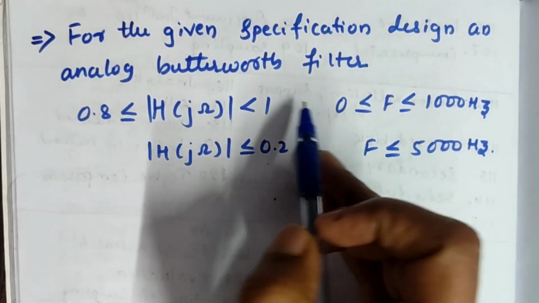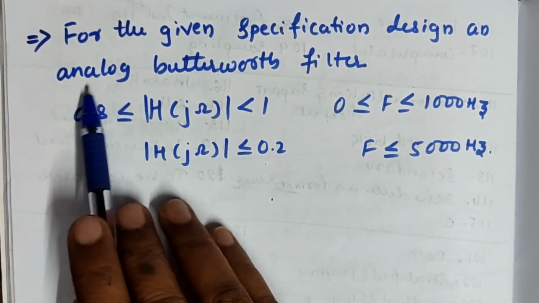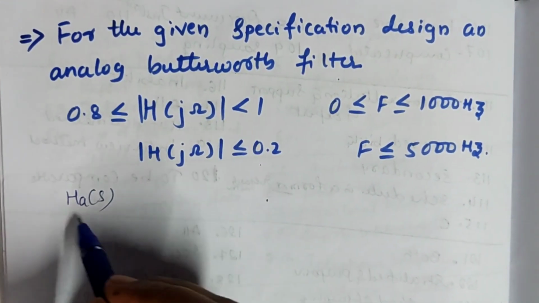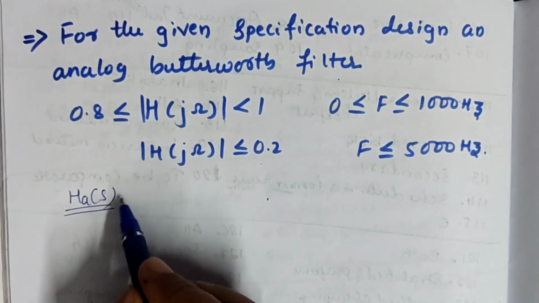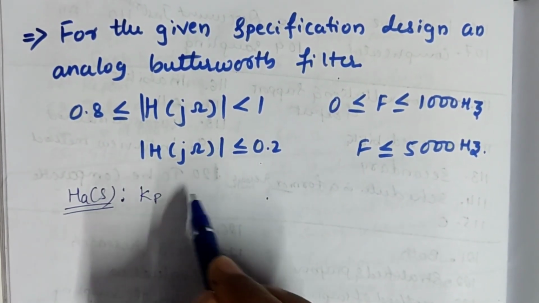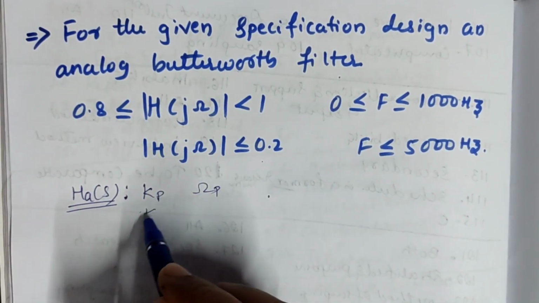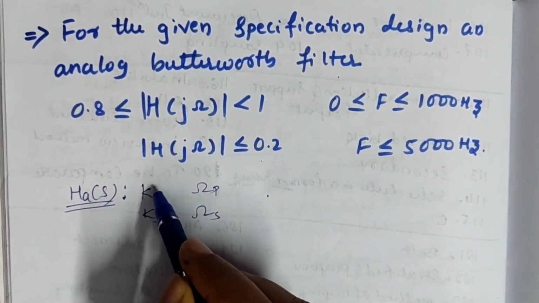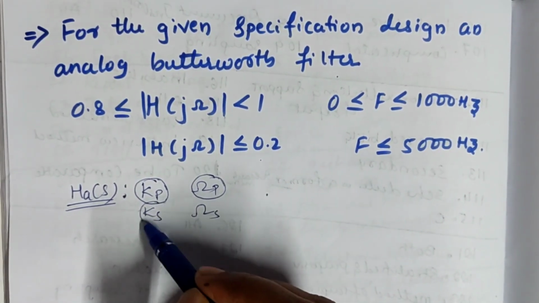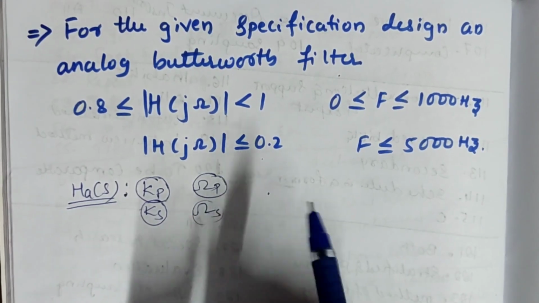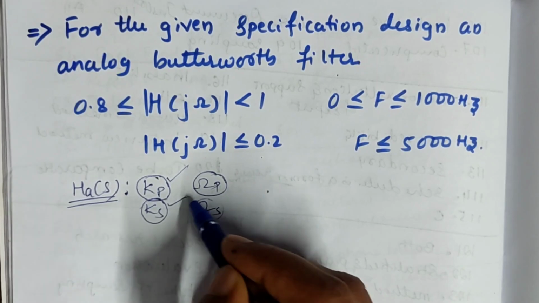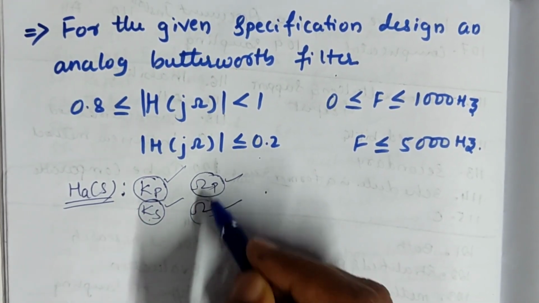Now we will solve one more numerical to design the analog Butterworth filter, which is HA of S we call, right? To design this, as we have followed the steps, first we should have Kp and omega p and Ks and omega s, which is passband gain and passband frequency, and then the stopband gain and then the stopband frequency. Usually they provide this data: Kp, Ks, omega p, omega s.